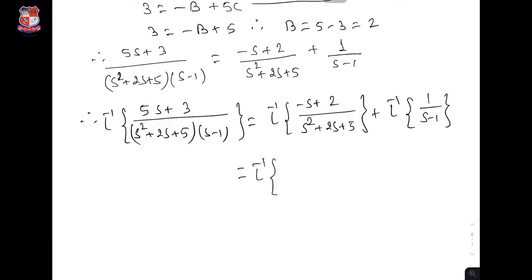Now this one we can write as (s plus 1) squared plus 2 squared, because 4 plus 1 is 5. Here we should adjust: let us take the minus sign outside.